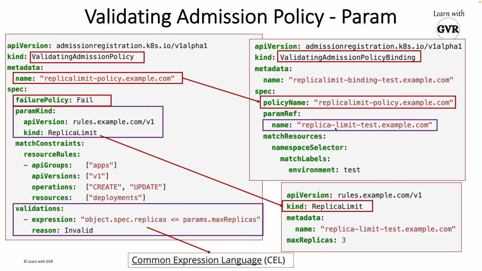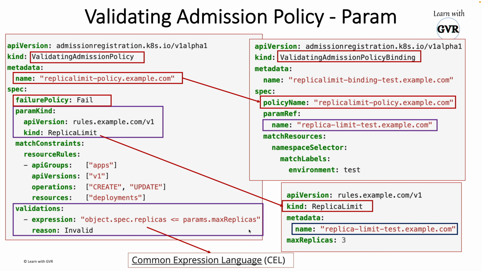Always just remember blindly that the policy is the actual policy, the binding is a linking, and here environment is test. Then only will this apply all of this, right? So 1, 2, 3 is the parameter. If you don't want to use a parameter, just simply give 5 or 2 or whatever number, right? And the most important is that Common Expression Language is what is supported. It doesn't work like whatever your own favorite query, that doesn't work.